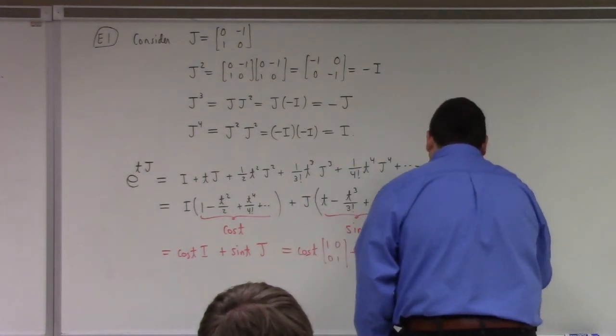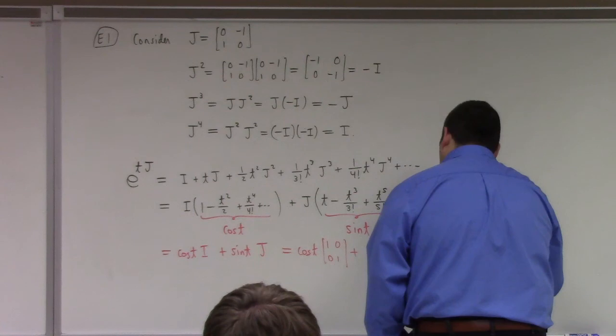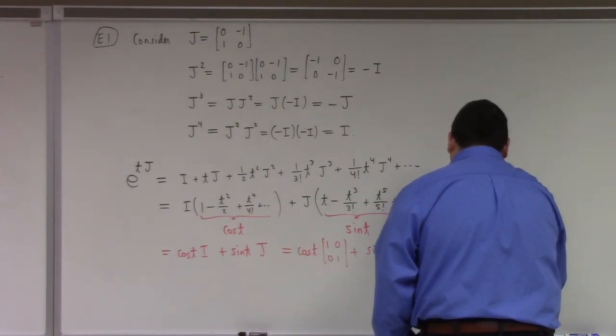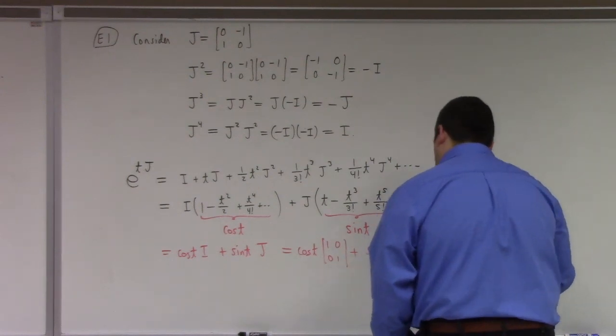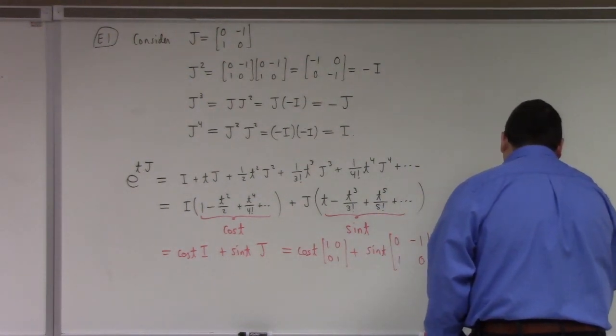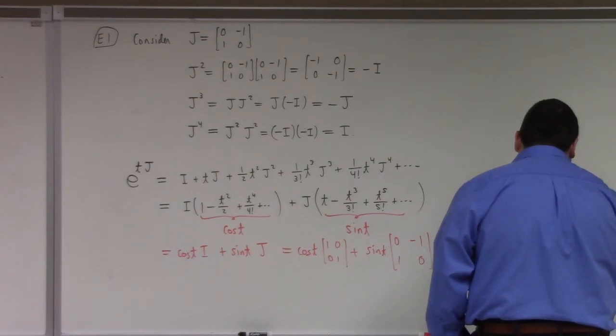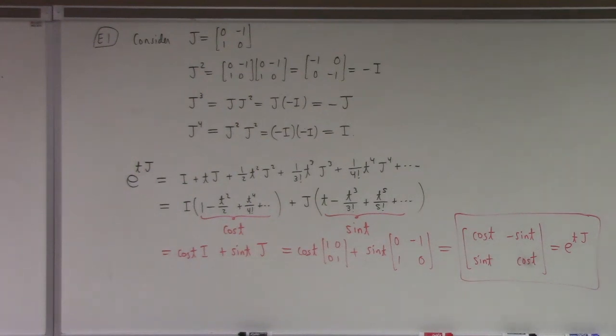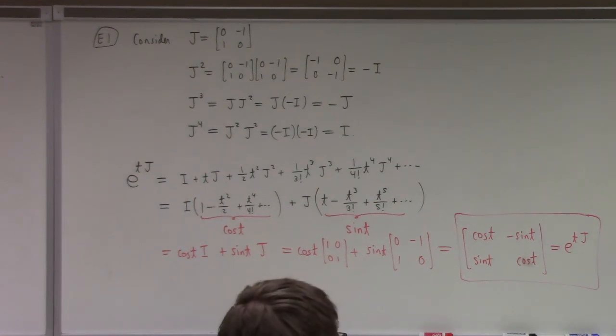So it's actually the 2 by 2 matrix cosine t, minus sine t, sine t, cosine t. So there you go. That's the matrix exponential when we exponentiate J. Hey, that's a rotation. So this actually illustrates that a matrix of the form 0, minus 1, 1, 0 generates a rotation under exponentiation, whatever that means.